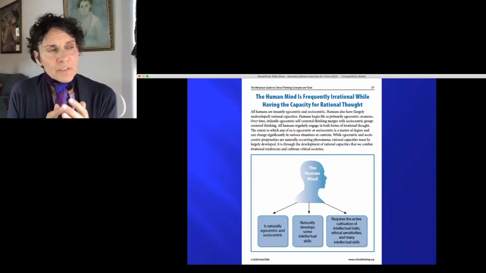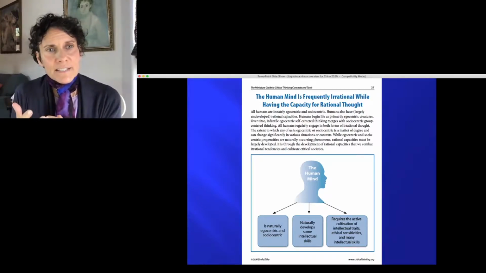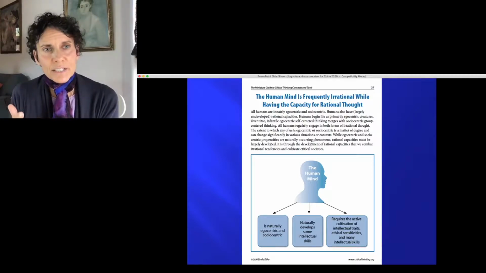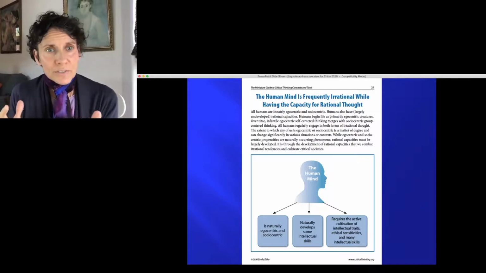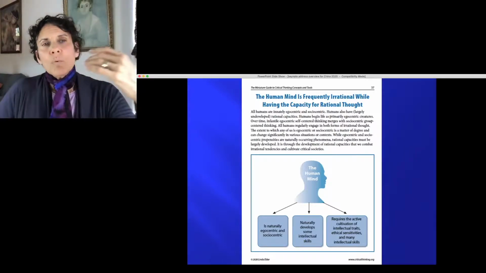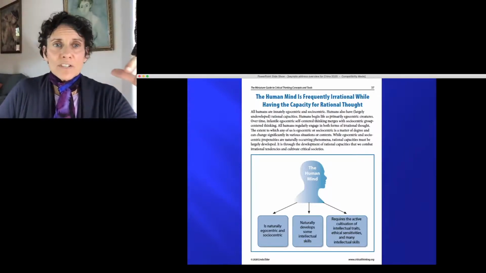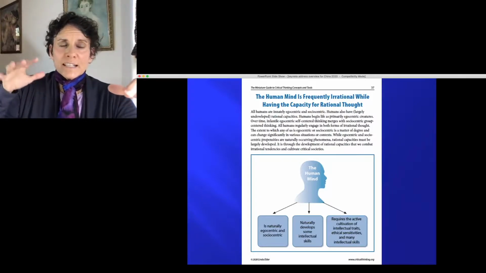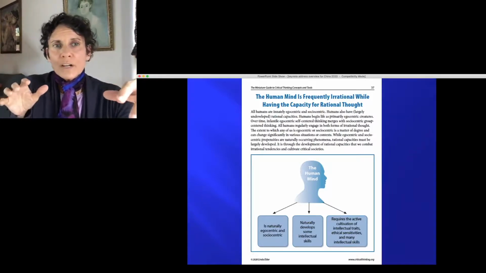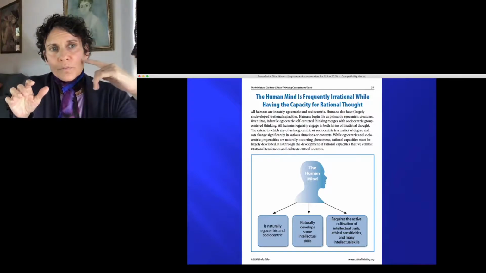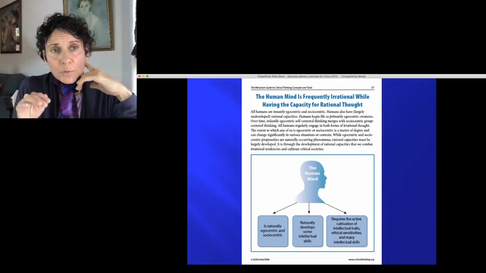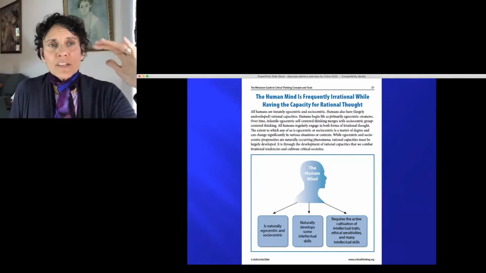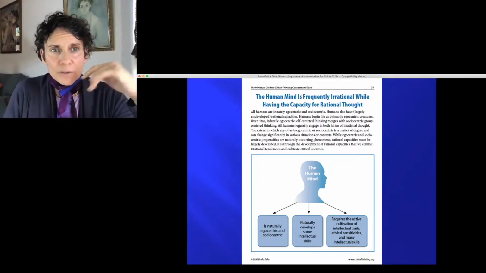Again, the related set of tendencies in the mind to egocentric thinking can be categorized under the term sociocentric thinking. So where egocentric thinking is selfish, sociocentric thinking is looking out for the desires of the group, to protect the group. You could say, well, there's nothing wrong with protecting your group.